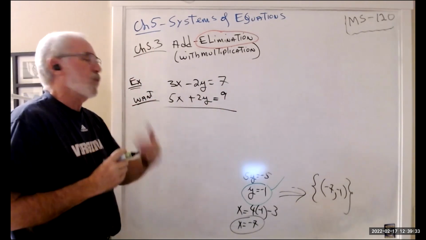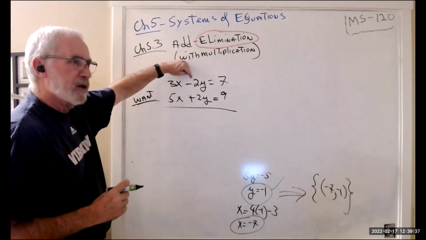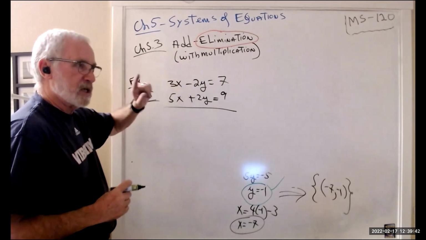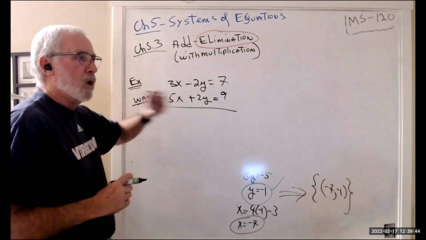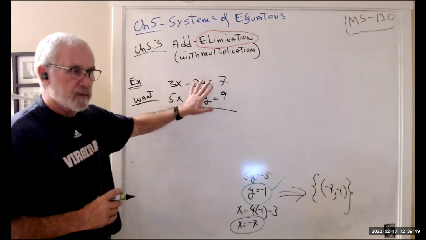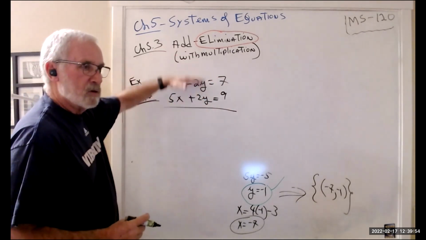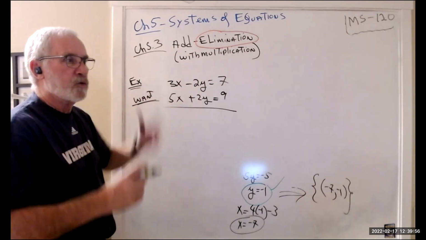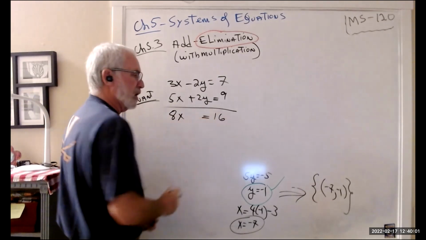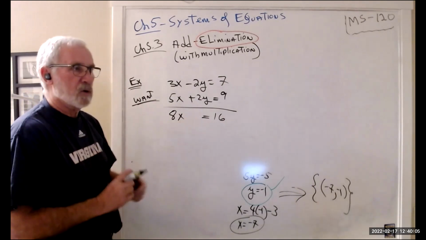Because when I add these two together, what happens with the minus 2y and the plus 2y? That's the key to this whole thing. I want to manipulate my variables, and I'll show you how in a minute, so that when I add them together, one of the variables drops out. That means it's eliminated. So I get 8x equals 16 here, which is easy to solve. That means x is worth 2.